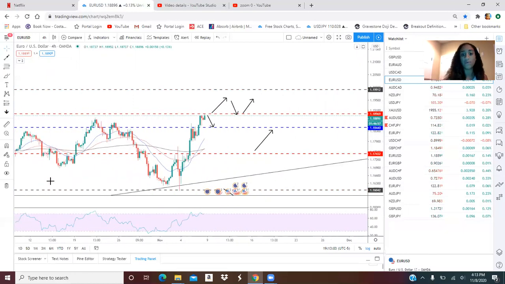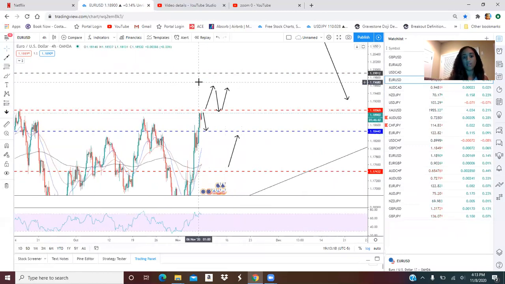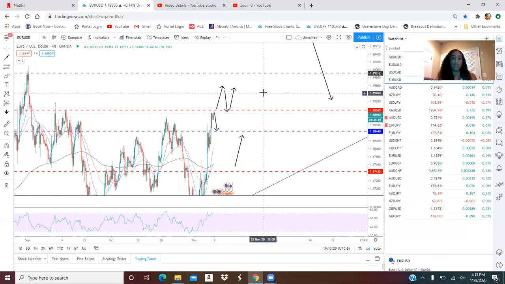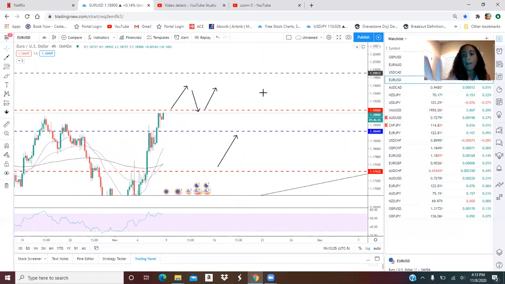I don't enter off the 4-hour, I enter off of the 30 minutes. So this isn't really as appealing to me as this would be. Because if it comes down here, it would just have to go up, and I really wouldn't be interested in that, to be honest. That's just me, though.